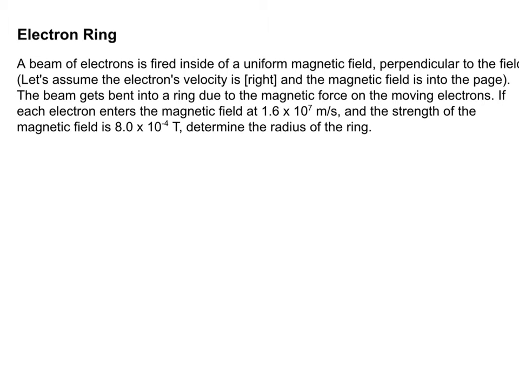This part of the question that's in brackets here, it's not necessary to solve the question, but it might help some people visualize what's going on. So if we have a magnetic field into the page, I'll just draw a little bit here, maybe a 4x4.